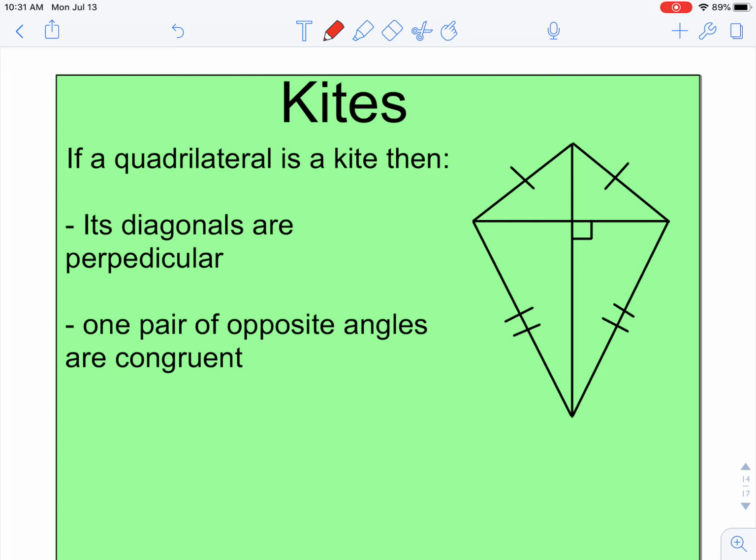So how do we prove it? Well, if a quadrilateral is a kite, then the diagonals are going to be perpendicular, and one pair of opposite angles are going to be congruent. That pair of opposite angles are between the non-congruent sides.